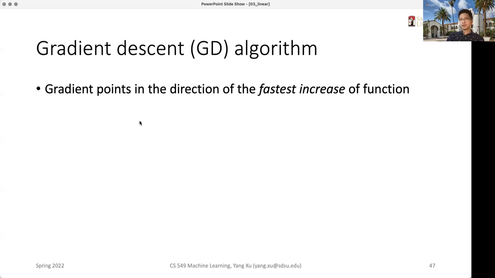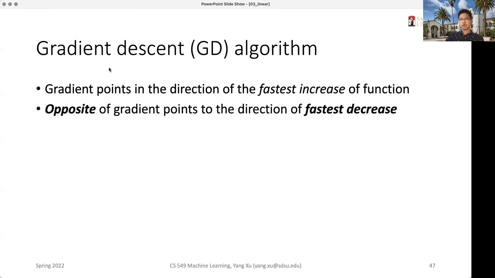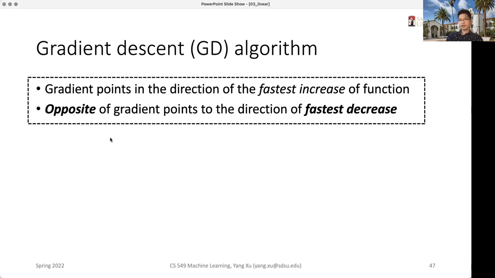So it means that at any point of a function, when we compute the gradients at that point, if we walk along the direction of gradients, we are walking along a direction that the function will increase fastest. So in that sense, if we go opposite to the gradients, then we are walking along the direction that the function will decrease fastest. Okay, so it is a fact that we'll utilize to find the minimal point of a function.